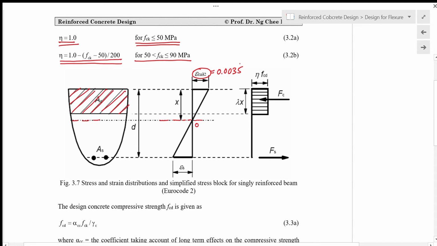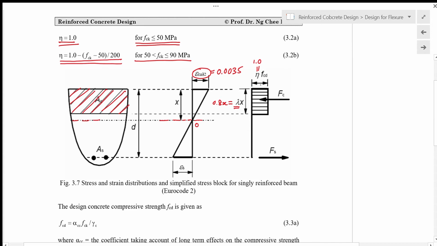You can refer to Eurocode to get this maximum strain in concrete. The lambda equal to 0.8 for concrete strength of 50 megapascal or less means that the stress block depth will be 0.8 x. And for eta, for concrete of 50 megapascal or less in characteristic strength, this is 1.0.